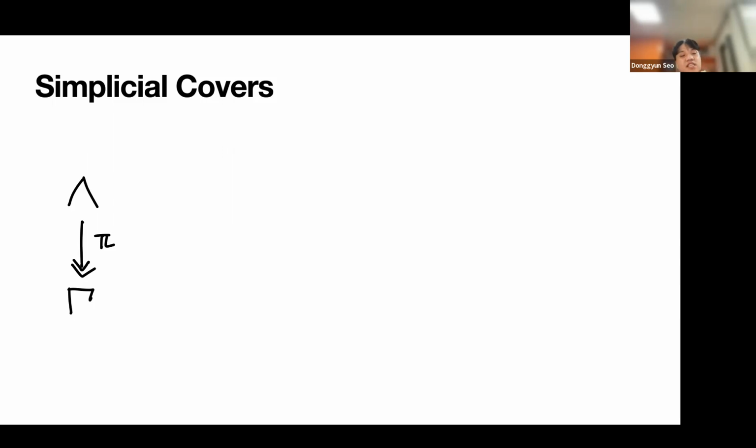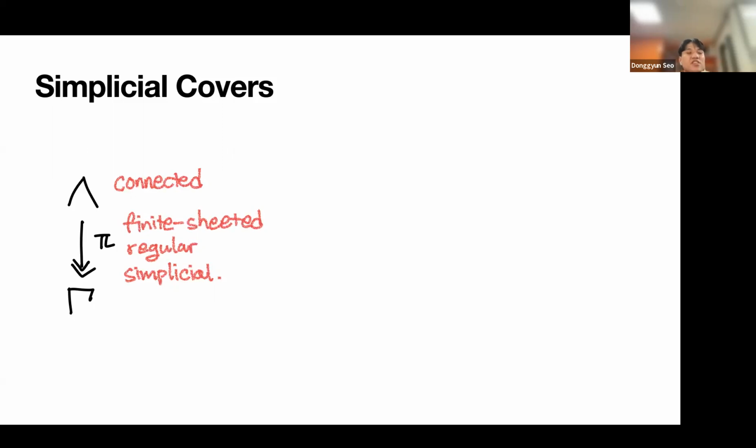If we consider a connected graph gamma, then we can think about the covering space lambda, and pi is a regular simplicial cover. Regular means that there is a deck transformation group whose quotient is exactly gamma, and simplicial means a simplicial map.